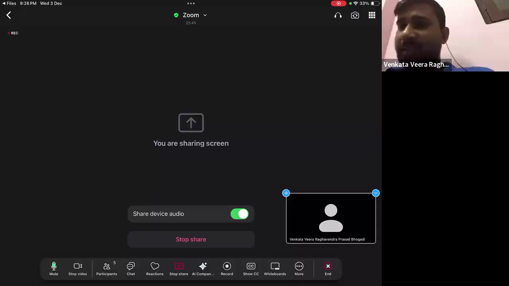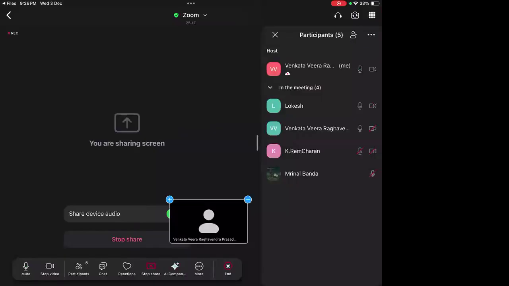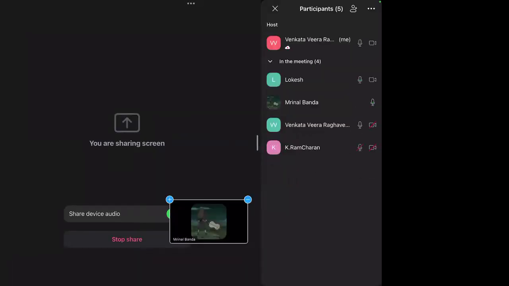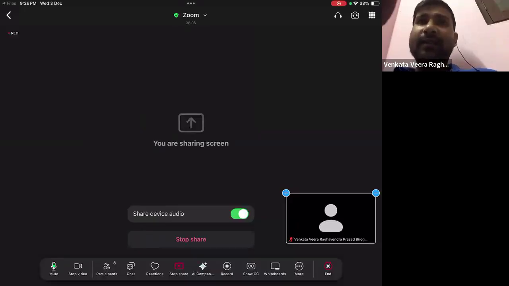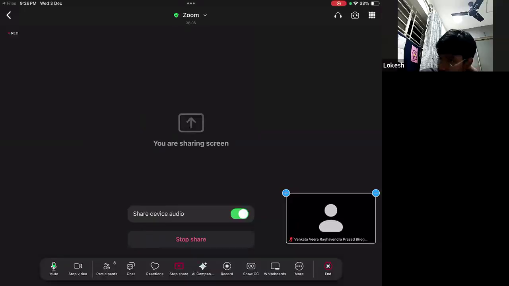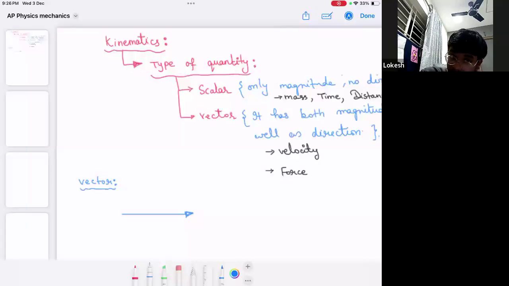Everyone, please tell me, is the screen visible? Mrinal, can you see the screen? Yes, sir. Ramcharan, can you see what sir is writing? Yes, sir. Okay, then I think I am in another loop. Everyone, it's visible now. Yes, sir, what I am writing here.